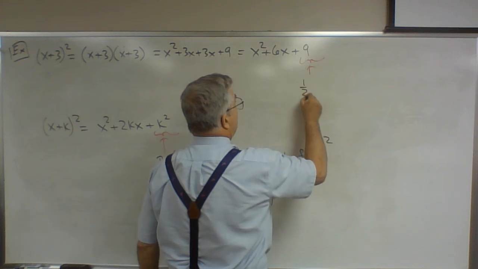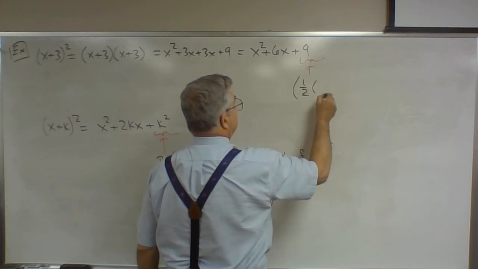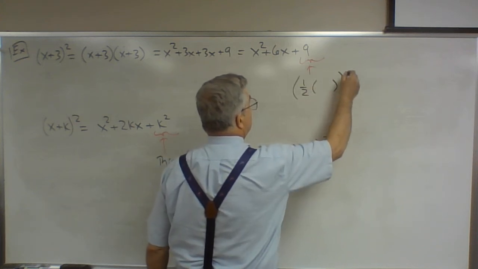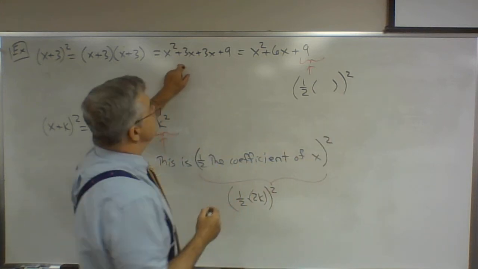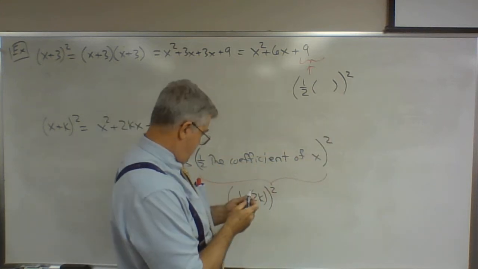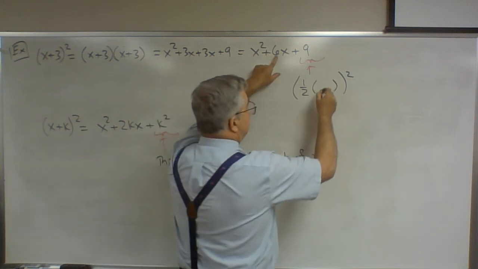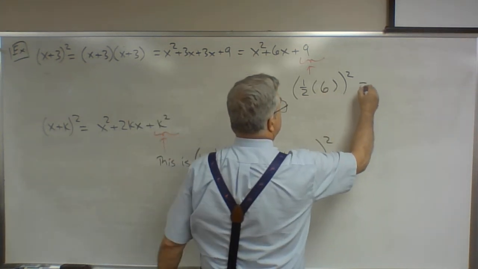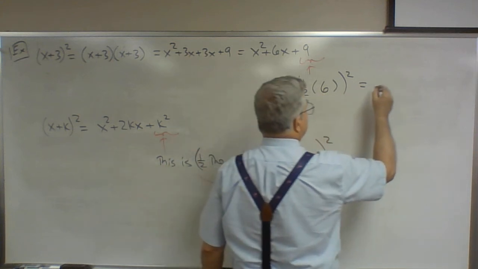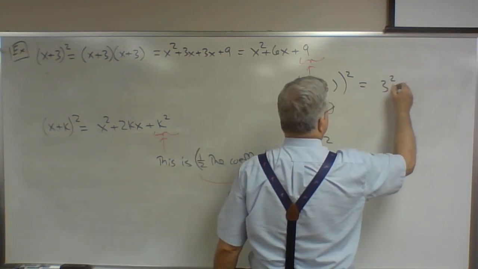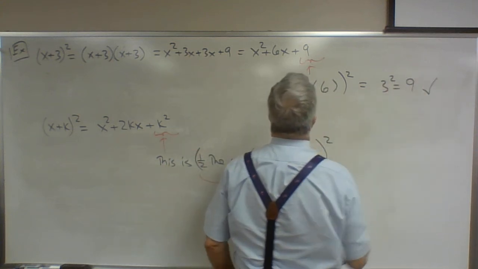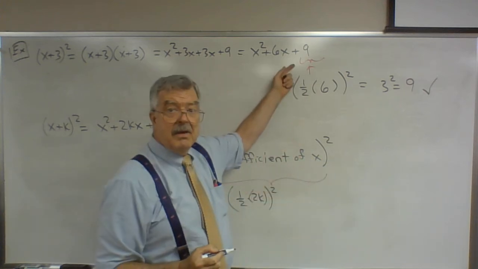Is it 1/2 times the coefficient of x, squared? The coefficient of x is 6. 1/2 times 6 is 3. It works.